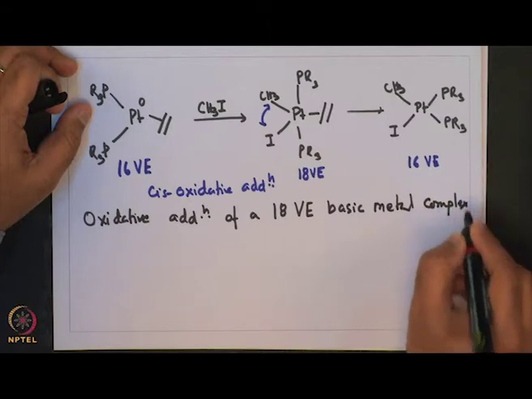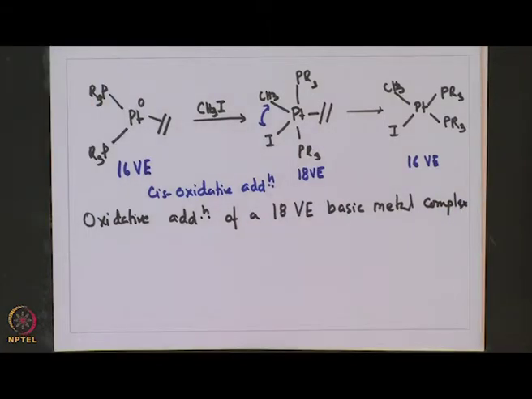The metal complex is electronically saturated in terms of having 18 valence electrons, but should also be electron rich and basic for it to undergo oxidative addition reaction.